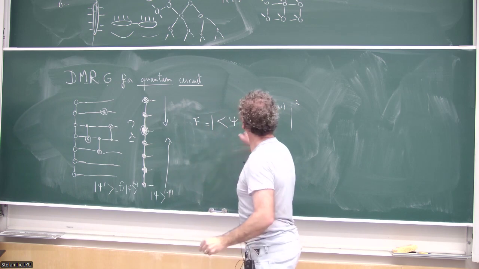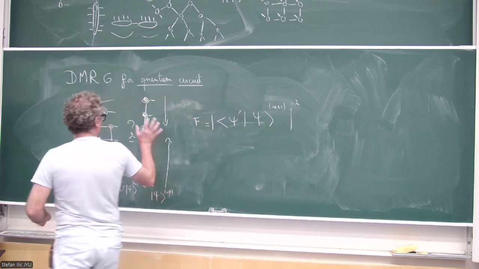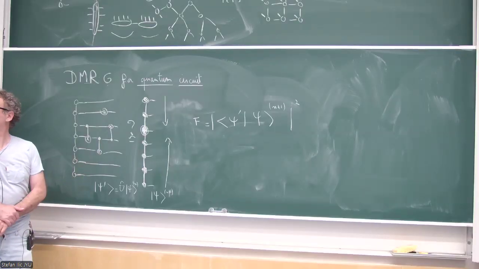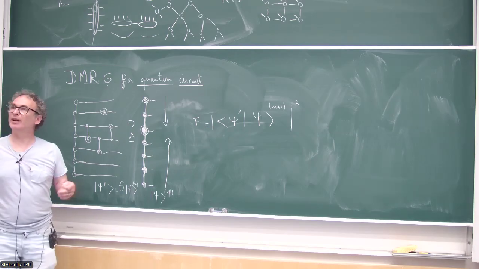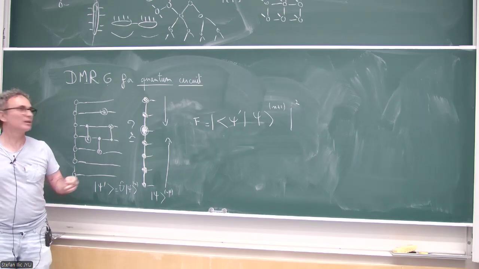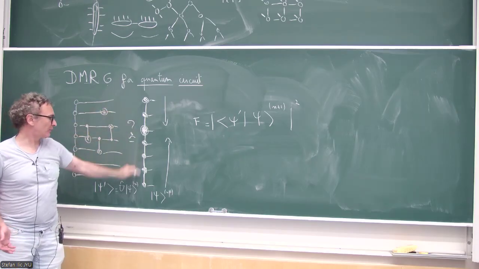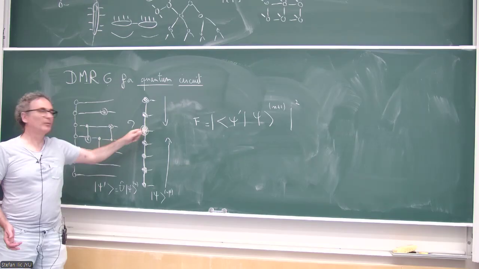So we want to find the psi n plus 1 that maximizes the overlap between the states that we should have. We are going to perform this optimization tensor by tensor. Each time all the tensors are fixed, except the one I am optimizing.